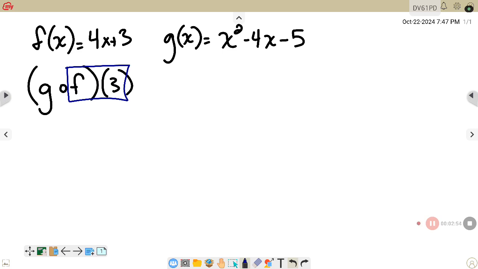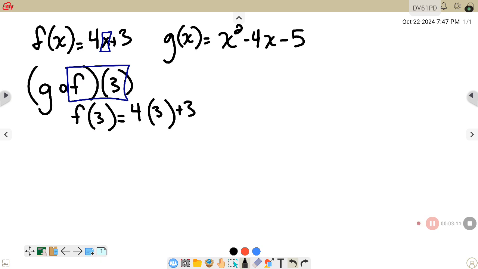In this case, I am finding f of 3, which tells me to go to the f function and replace its x with a 3. So I'll have 4 times 3 plus 3, which gives me 12, plus 3, which gives me 15.